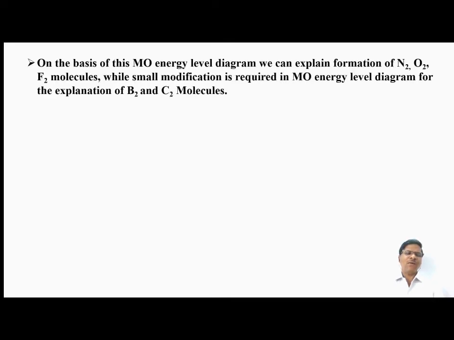Okay. Now we have to see the molecular orbital energy level diagram for these 5 molecules, and we have to explain the formation of N2, O2, F2 molecules as well as B2 and C2 molecules. But there are modifications in the energy level diagram.